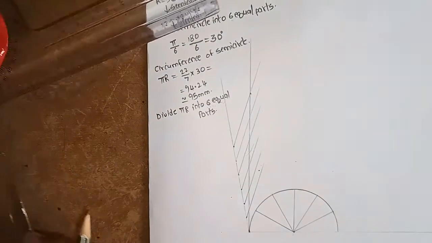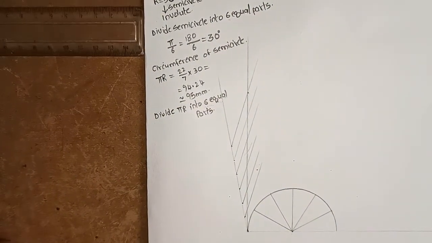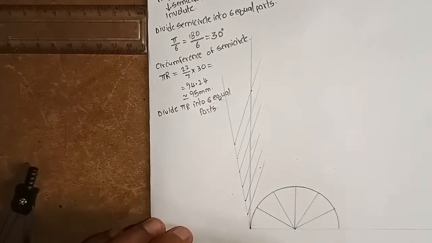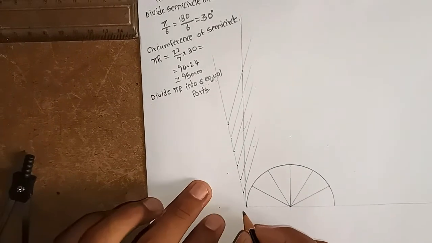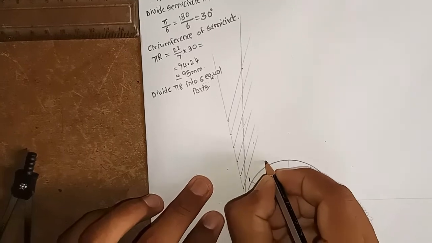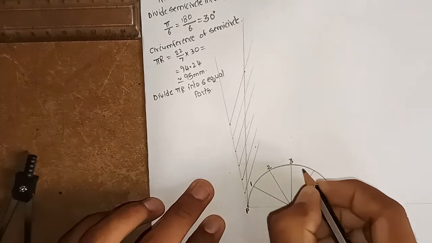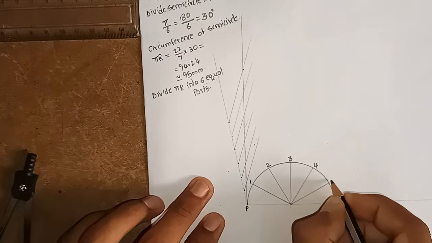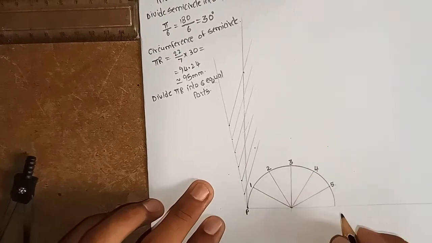Now we have to number those section points, students. 1, that is the initial point, 1, 2, 3, 4, 5 and 6.